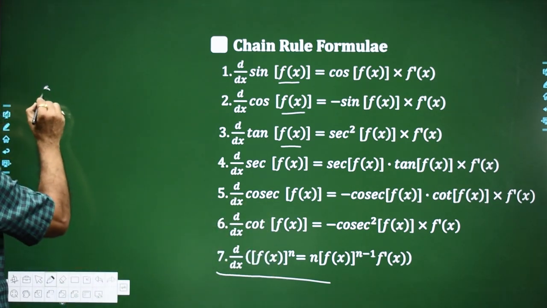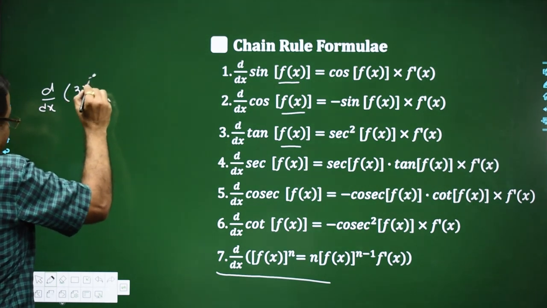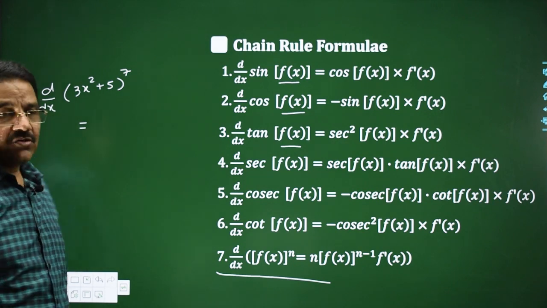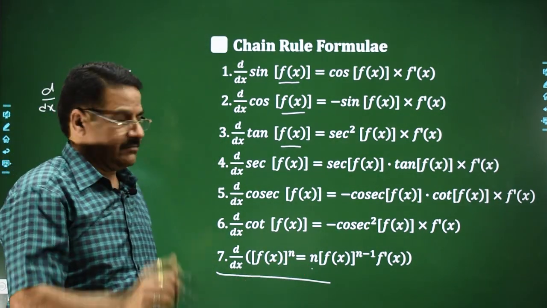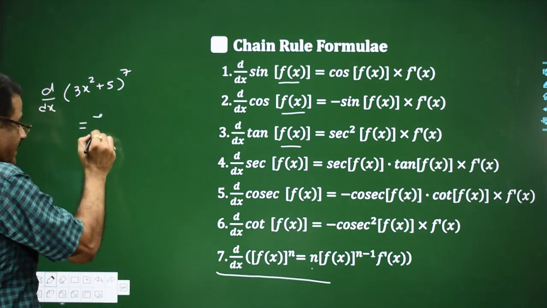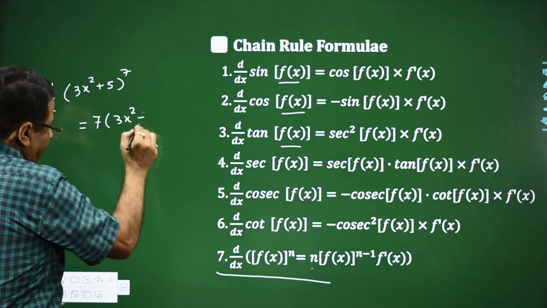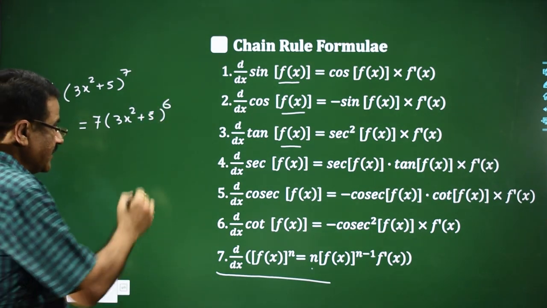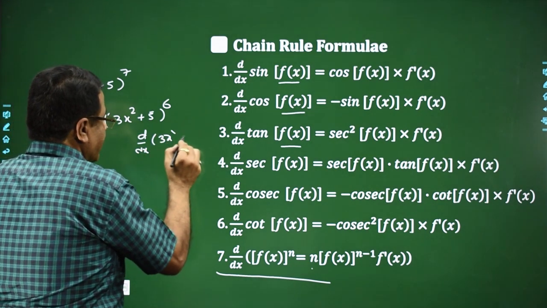Now, let us see it in this manner. d by dx of, for example, (3x square plus 5) bracket raised to 7. Here, first of all we take the derivative of that bracket. So, for the bracket, 7 comes out, and then as per the formula the index gets reduced by 1, and now as per chain rule d by dx of 3x square plus 5.